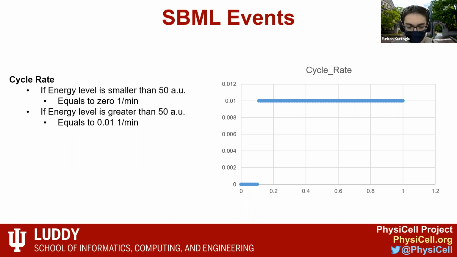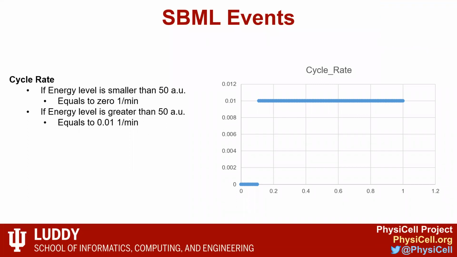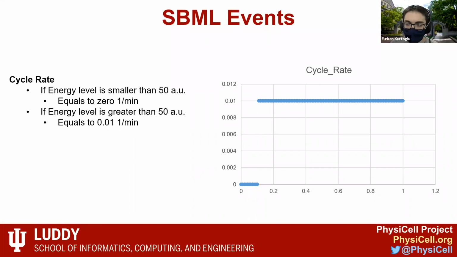So you can set some rules. For instance, I set a rule here: if the energy level is smaller than 50, then the cycle rate equals 0. But if the energy is greater than 50, then the cycle rate is this.